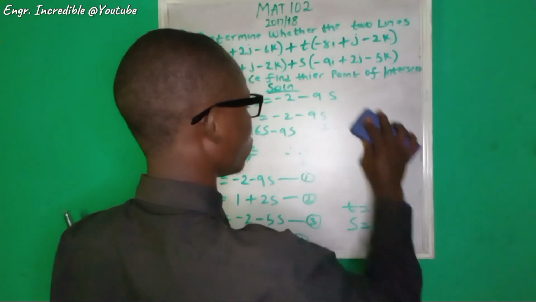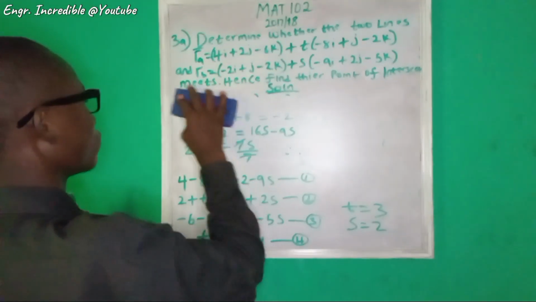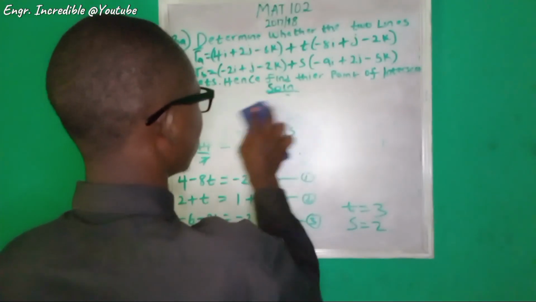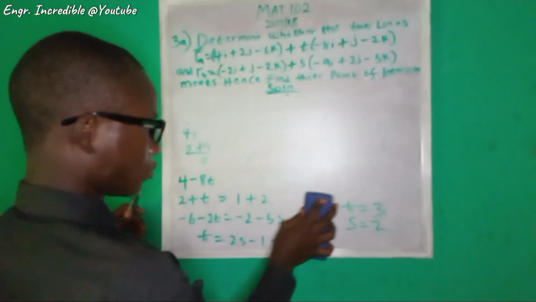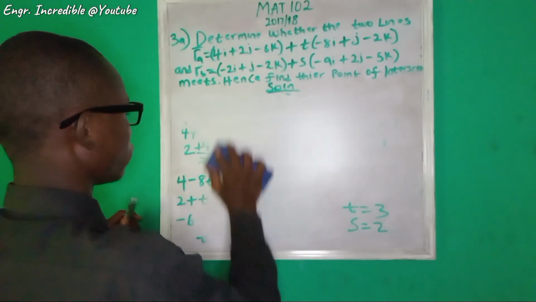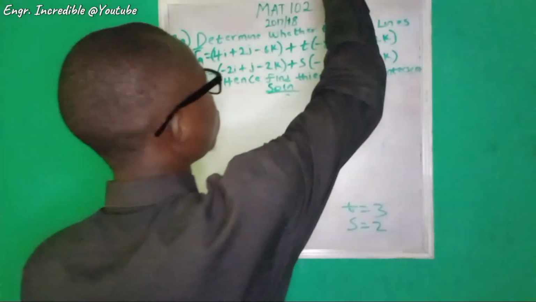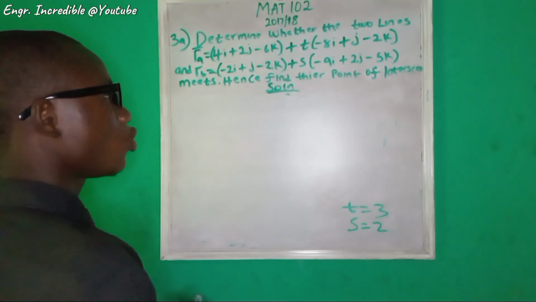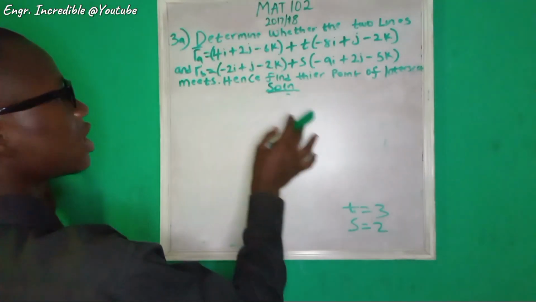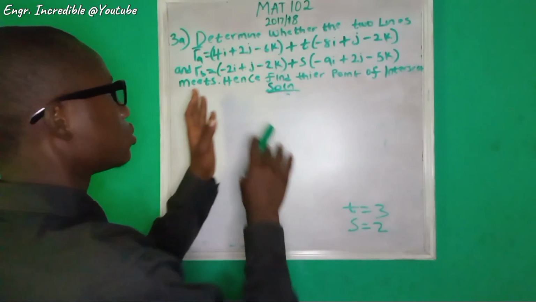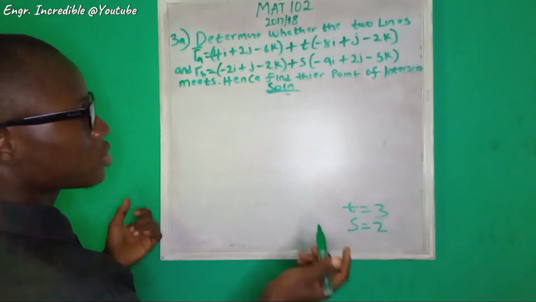So right here, I'll be picking any equation. I'll pick the second equation, r of b, then I'll be putting my value there.